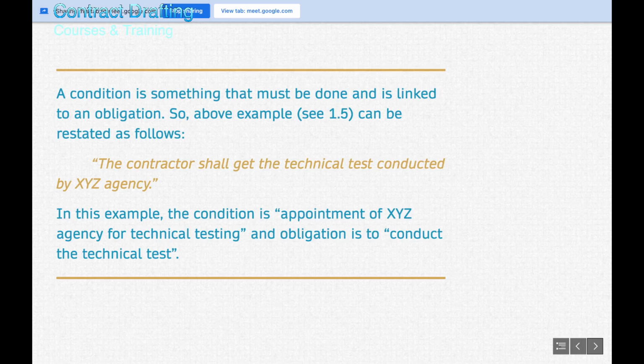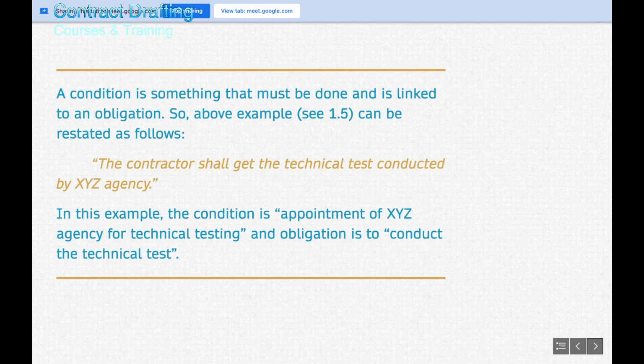For example, if you're going to buy a flat, and it is a condition that the bank should grant a loan, and if the bank doesn't grant a loan, then the buyer can opt out from that sale agreement. But then there can be a qualification that if, because of incomplete documentation on the buyer's part, the bank refuses to grant the loan, then they cannot exit.